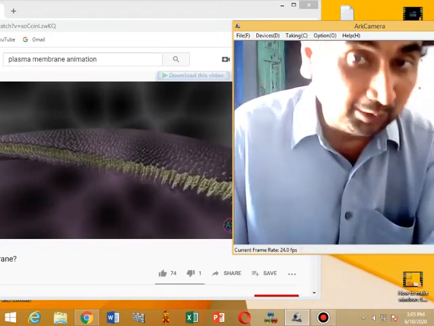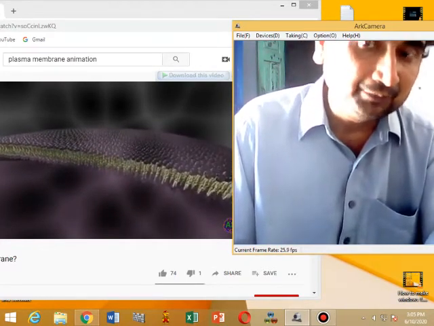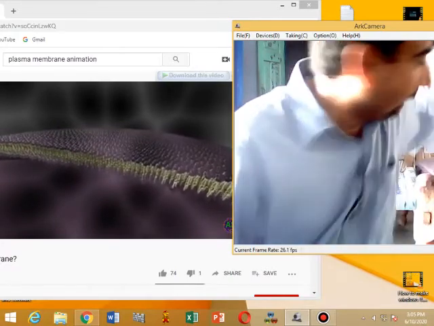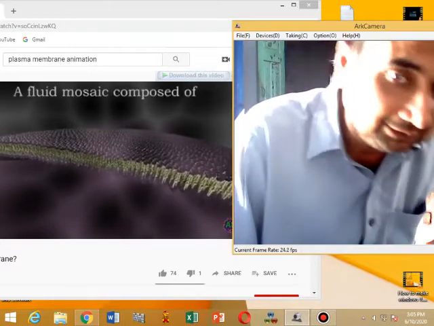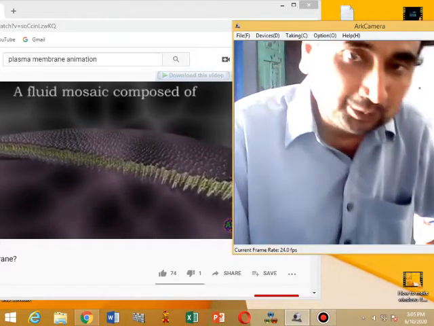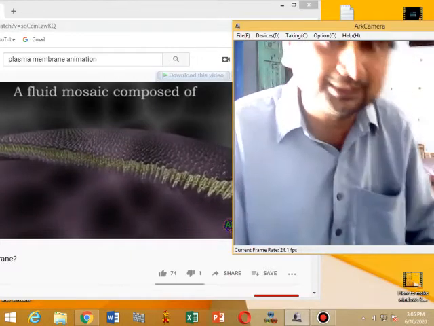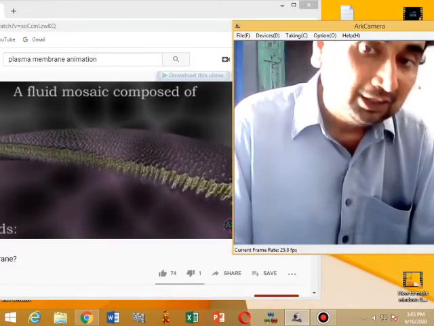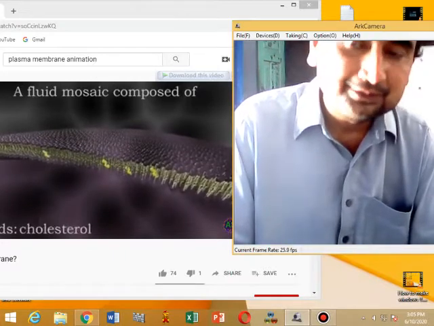According to this model, the protein molecules are sandwiched between two lipid bilayers. It is called the unit membrane system.